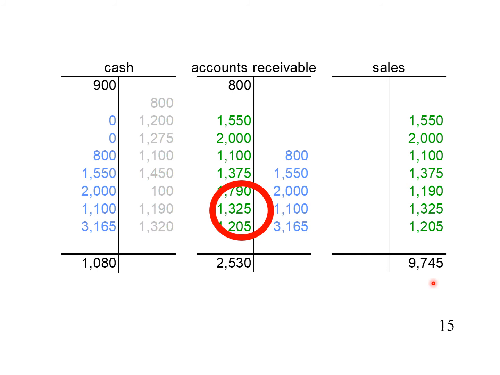Or you might have learned cash receipts equal sales plus or minus the change in accounts receivable. However, you should realize there's a relationship between sales, accounts receivable, and cash receipts. I'm going to take advantage of that. That's why I'm going to call this a cycle, the sales and collection cycle.